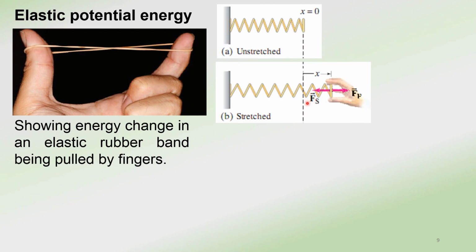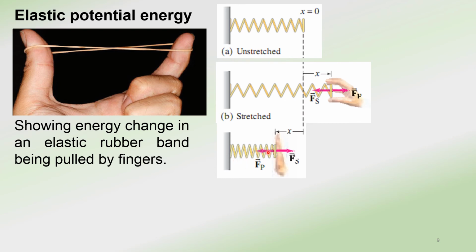This force Fs is called the force on the spring. This force on the spring is equal in magnitude and opposite in direction to the applied, stretching force. And you may also apply a force on the spring by compressing it.